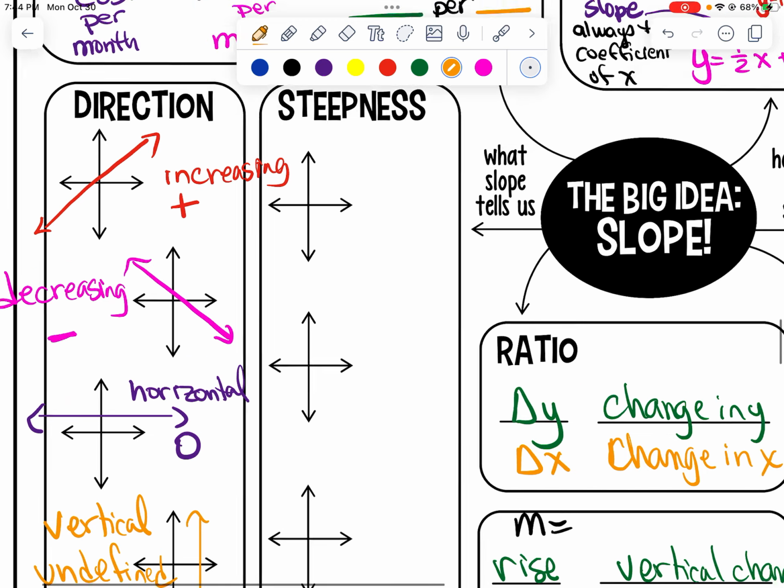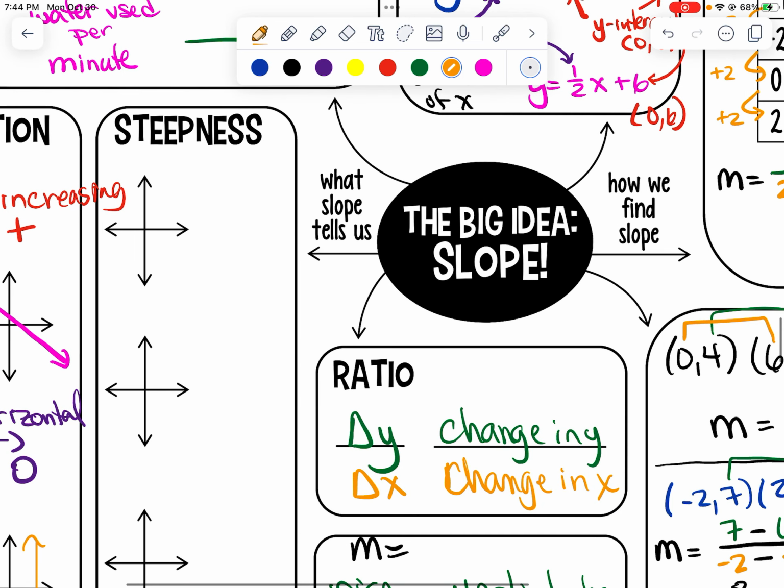Now, when it's talking about steepness, if it goes like this, this is not steep. If I go like this, it's steeper.